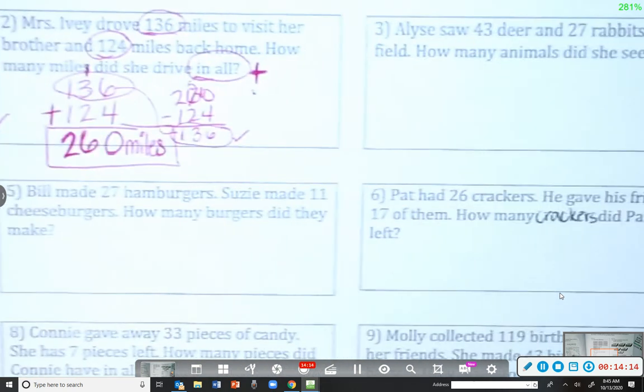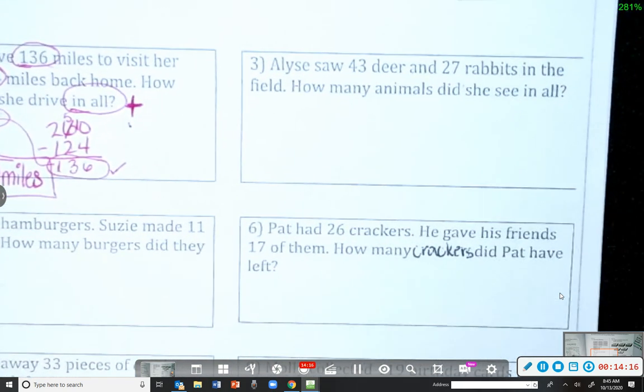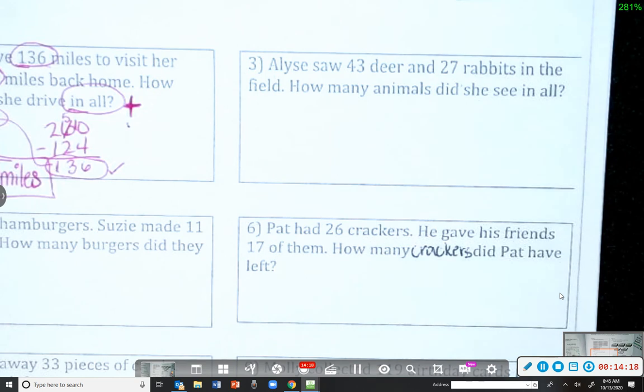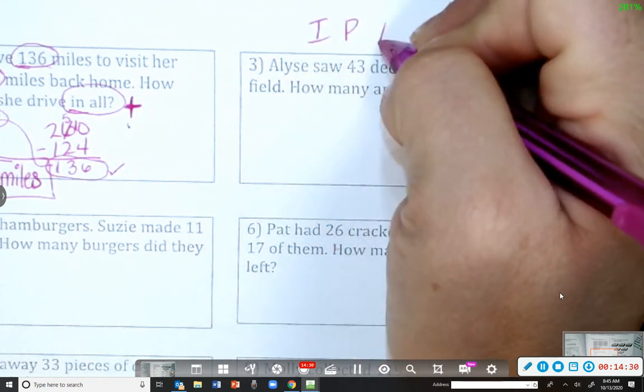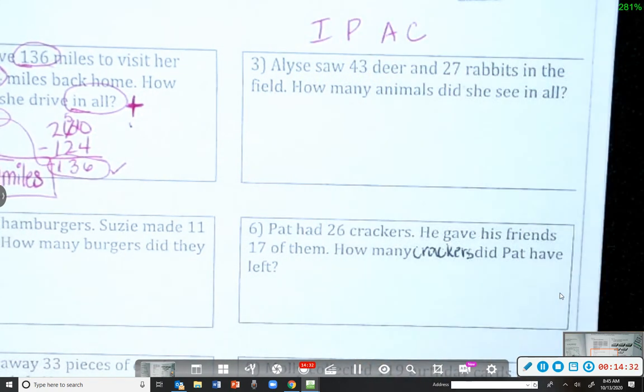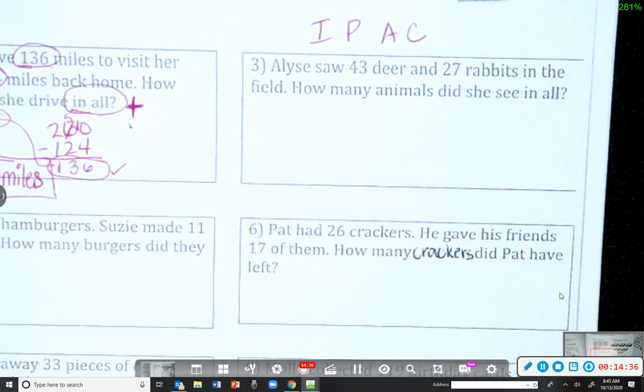Okay, number 3. Elise saw 43 deer and 27 rabbits in the field. How many animals did she see in all? Okay, let's go through our IPAC again. So I stands for information. What did we hear in that word problem that's important?